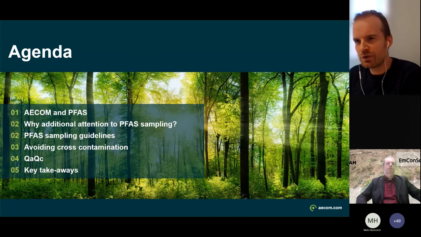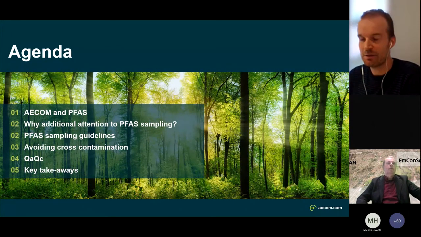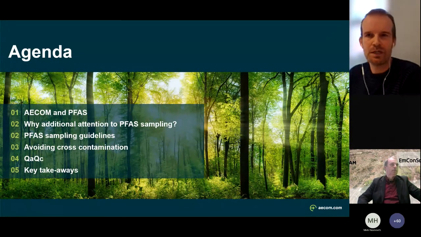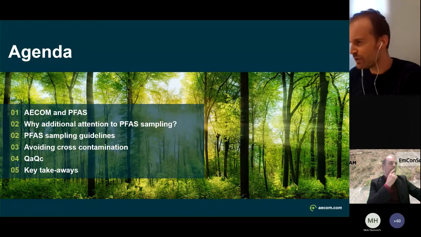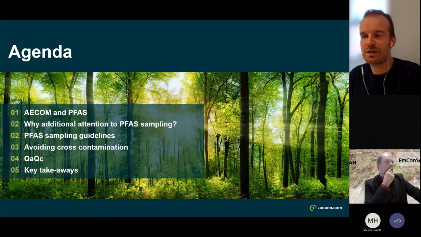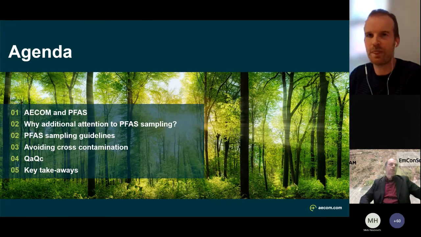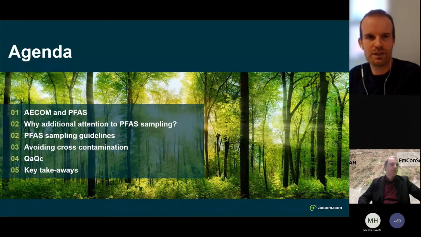We go into some of the PFAS sampling guidelines, and these guidelines mainly focus on avoiding cross-contamination. An additional topic is the QA/QC, so the verification step that often is performed to verify if all the guidelines are followed. And we end with some of the key takeaways.